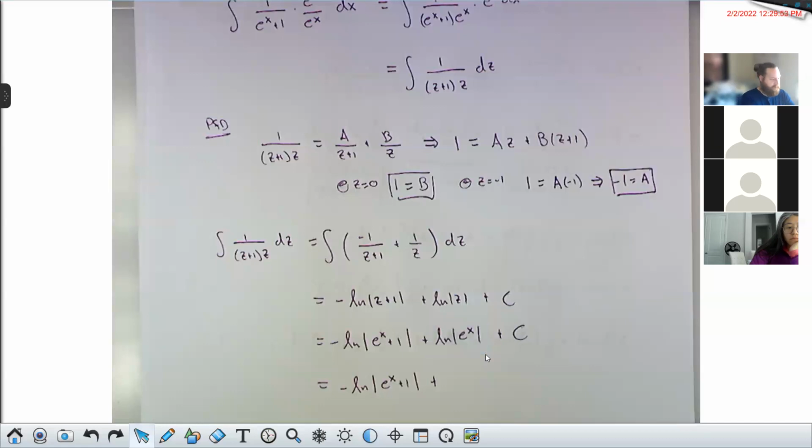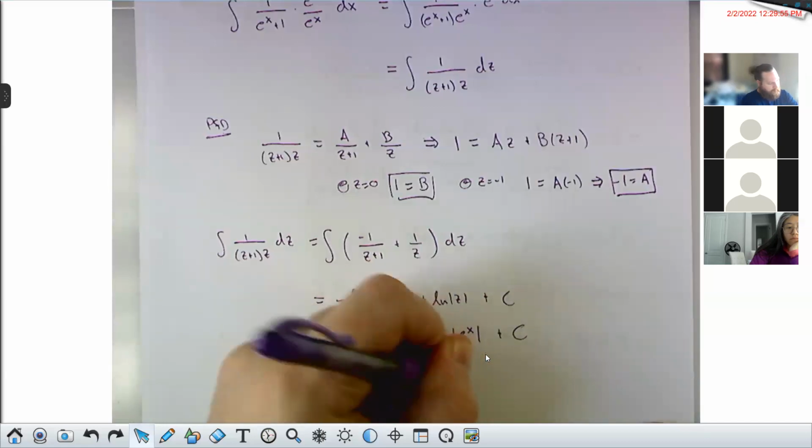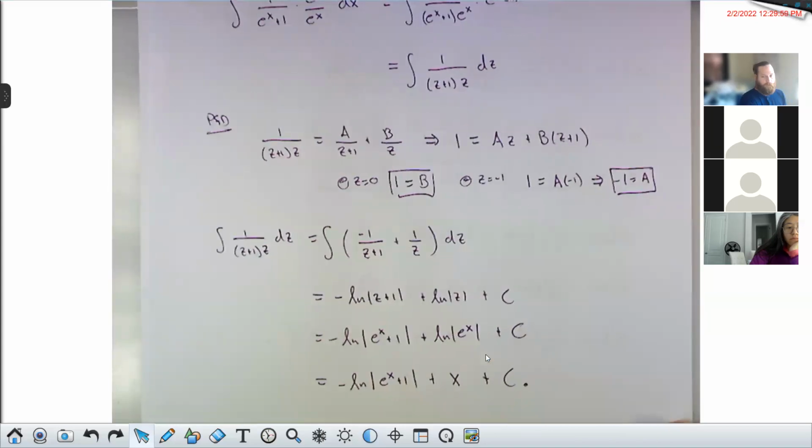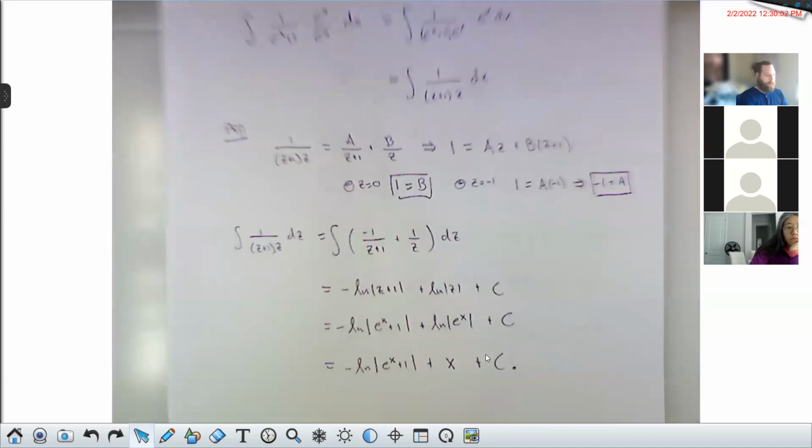Ooh, it's x. ln and e to the x are inverse functions. So that's what we get here. So this is a fun problem.